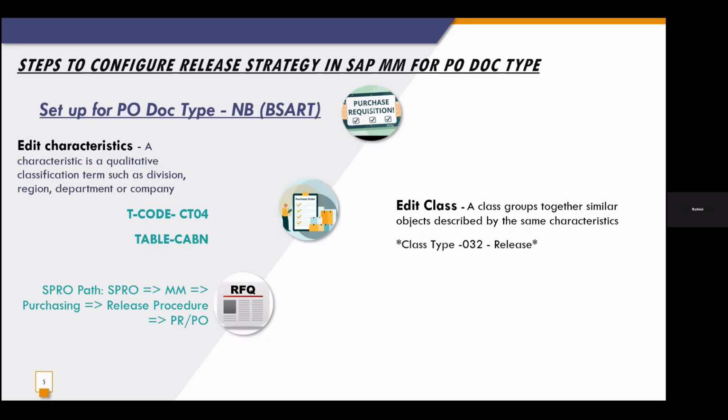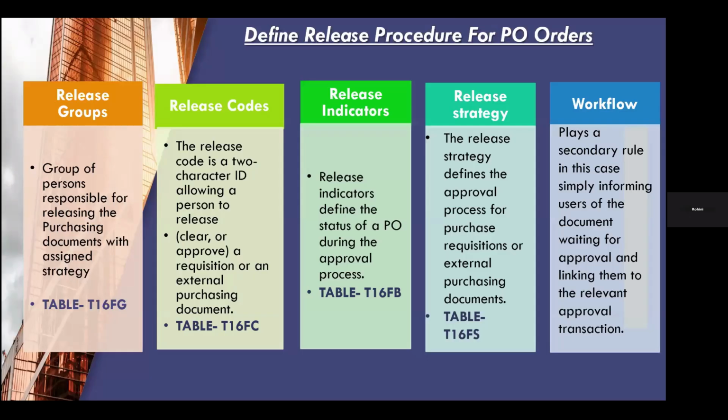So here we maintain the class name, and also the class type we need to select as 032 for the release procedure. And whatever class we have defined, we need to assign that to the characteristics we have already predefined. And the T code for the edit class is CL02, and the table is KL80.